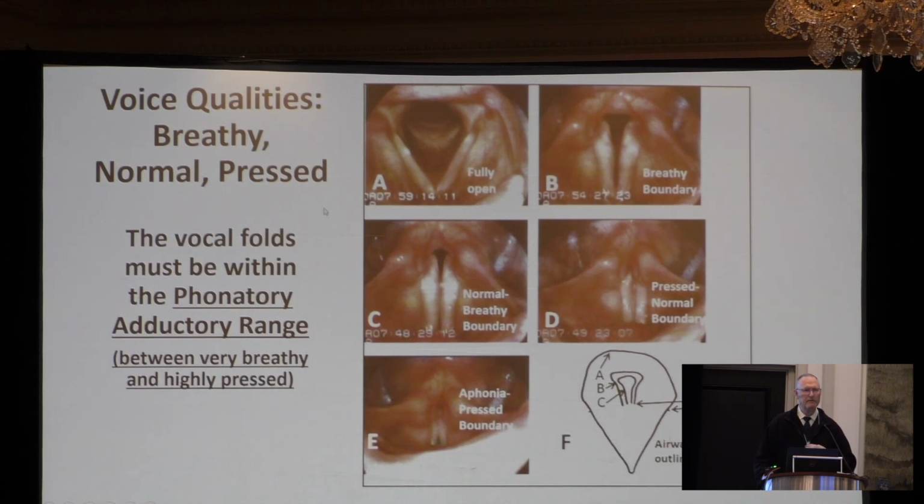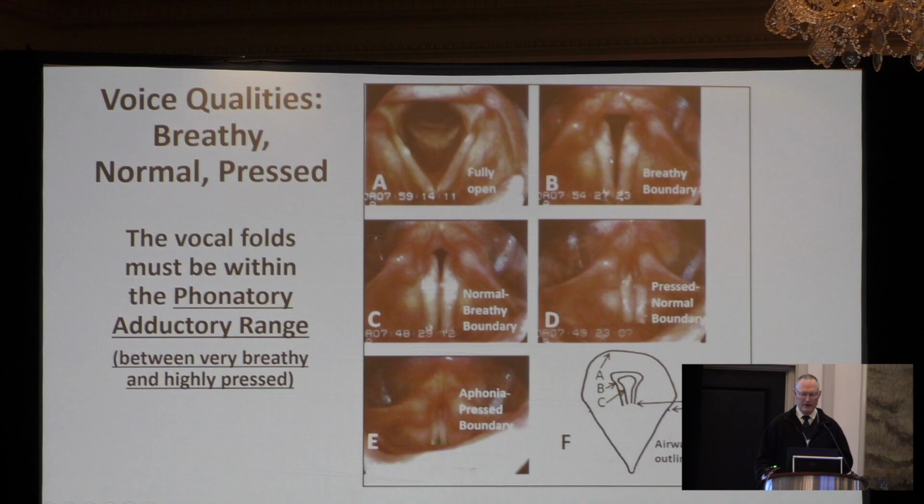We also have, in a basic sense for phonation, something called the phonatory adductory range, the adductory range in which phonation is possible. Here's where we get breathy and normal and pressed that Dr. Sundberg was talking about. This picture here is wide open, fully open, least resistance to the airflow.